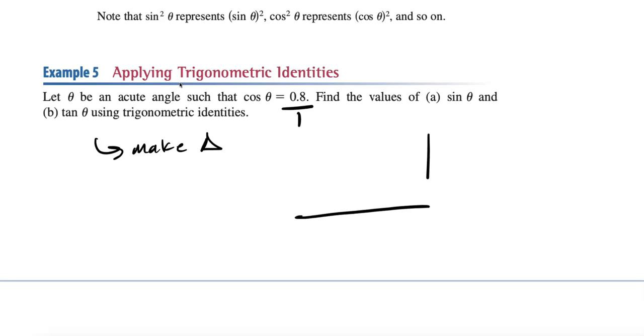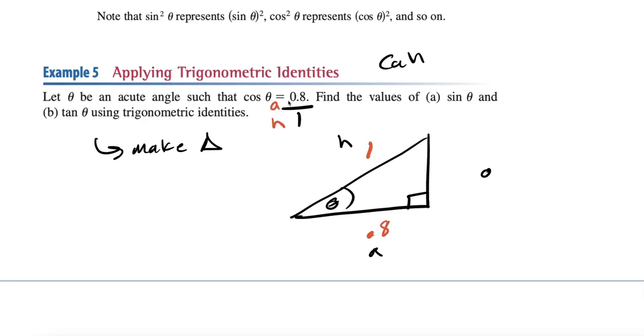I'm going to make a right triangle here, like that. So here's my angle. Remember, cosine is SOHCAHTOA. So here's adjacent, opposite, and hypotenuse. We're going to put the values where they go. So adjacent, hypotenuse, right? So this should be 0.8, and this should be 1. Right, I made it a fraction, 0.8 over 1.